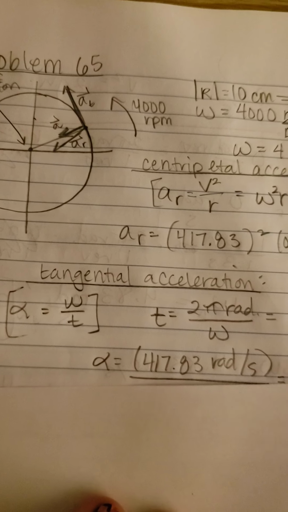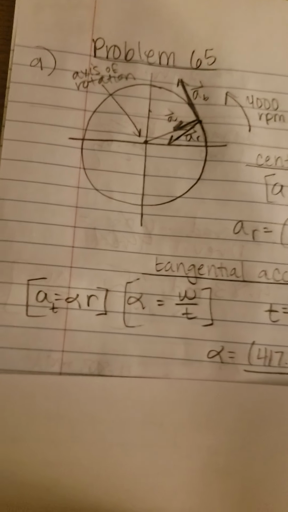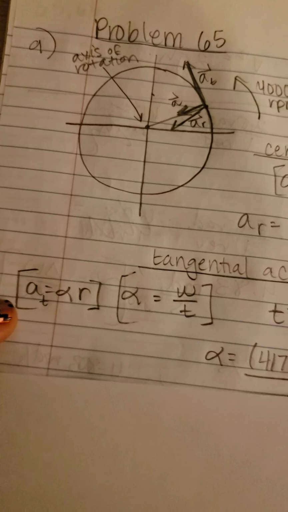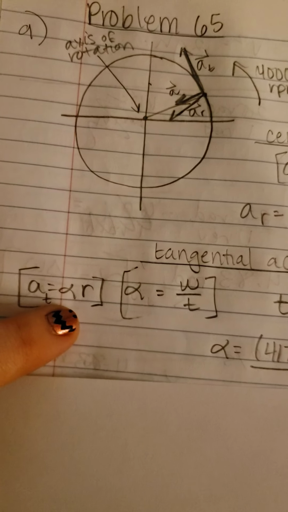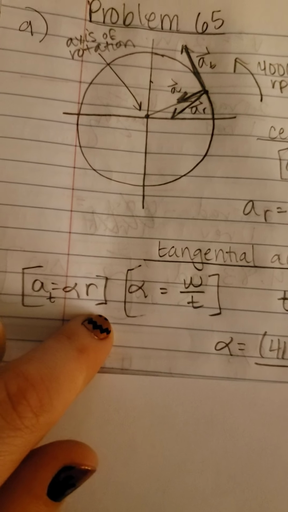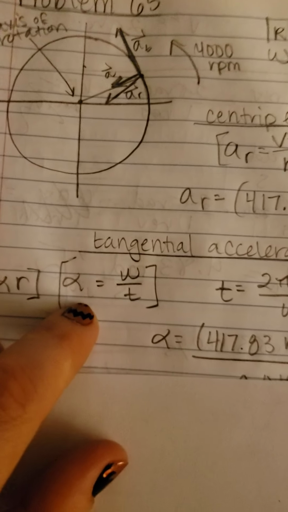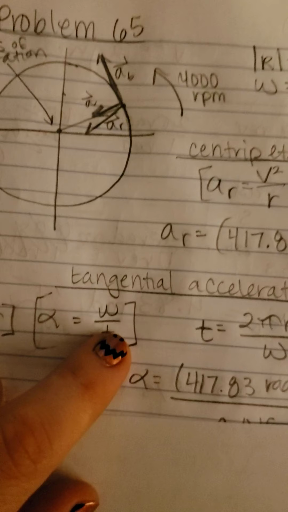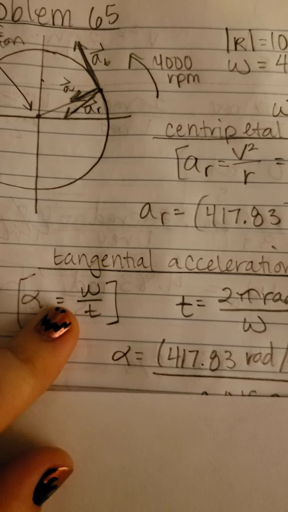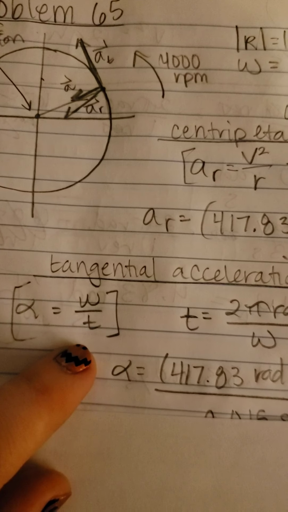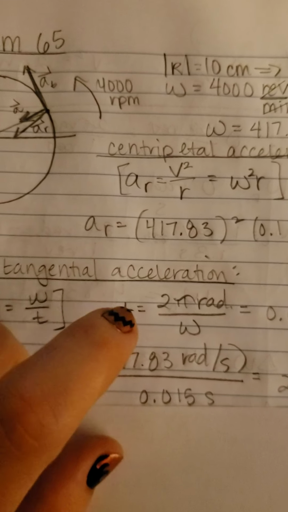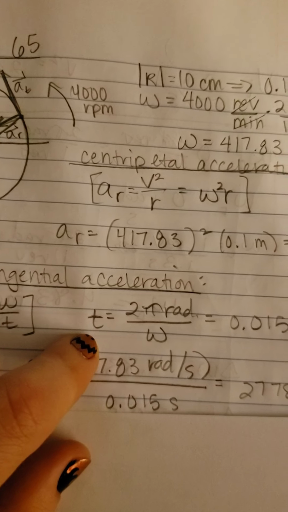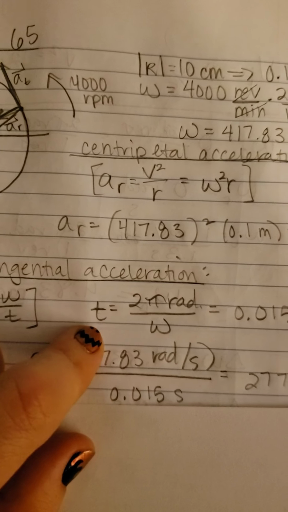Now, in order to find our tangential acceleration, we need to find our angular acceleration and multiply it by our radius. To find our angular acceleration, we just divide the angular velocity by the time. The time we can find from how many seconds it takes to do 1 revolution.